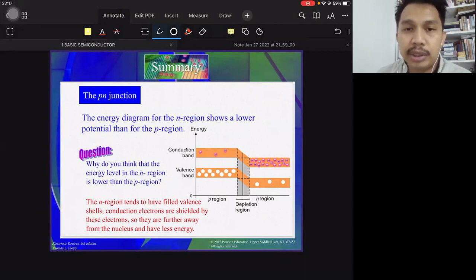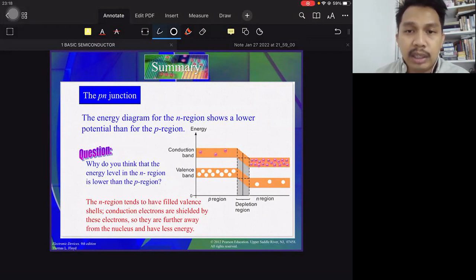As the diffusion continues, the depletion region begins to form and the energy levels of the N region conduction band decrease. The decrease in energy level of the conduction band in the N region is due to the loss of the higher energy electrons that have diffused across the junction to the P region. Soon, there are no electrons left in the N region conduction band with enough energy to get across the junction to the P region conduction band, as indicated by the alignment of the top of the N region conduction band and the bottom of the P region conduction band.